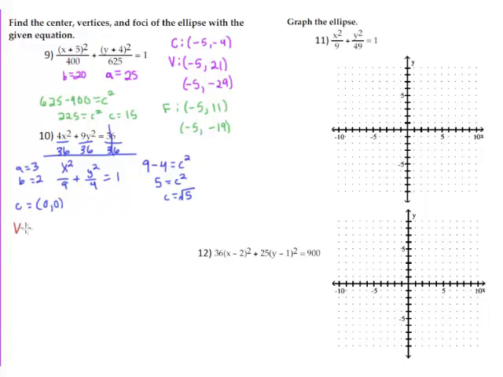So the vertices, since the bigger number is underneath x, are plus or minus a, comma 0. So they'll be at plus or minus 3, comma 0. And the foci are at plus and minus c, and c was square root of 5, so that's plus or minus square root of 5, comma 0.